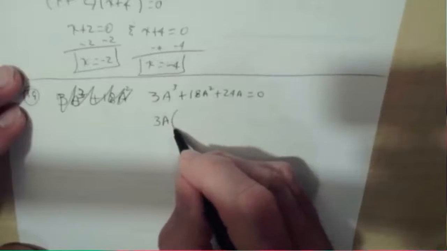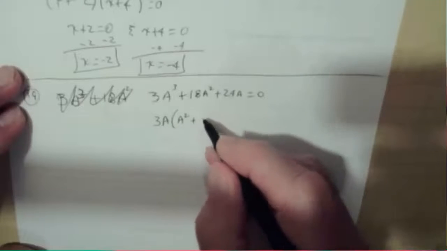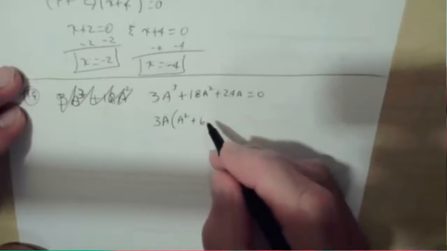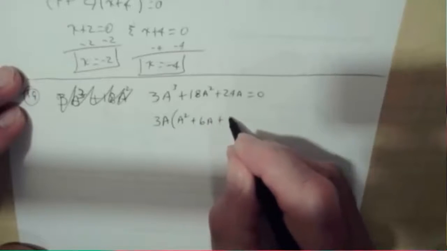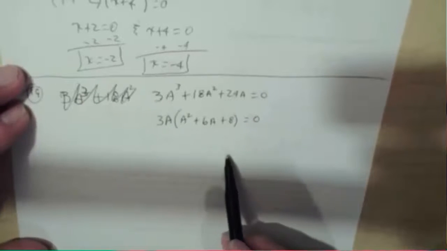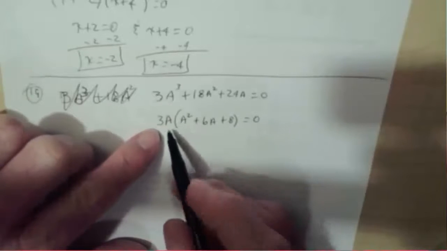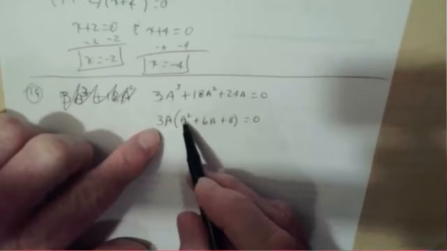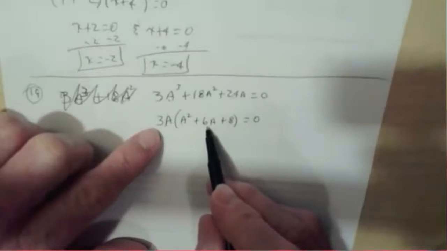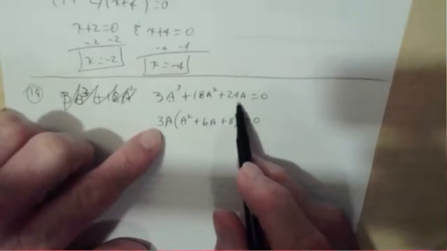So 3a times a squared plus 6a plus 8 equals 0. Now look, do this backwards also to make sure. 3a times a is 3a cubed, that's right. 3a times 6a is 18a squared, that's right. 3a times 8 is 24a, that's right.